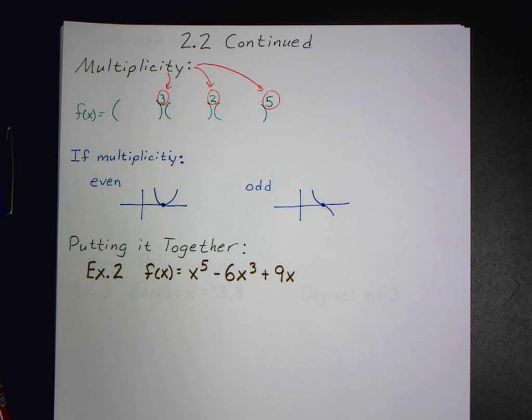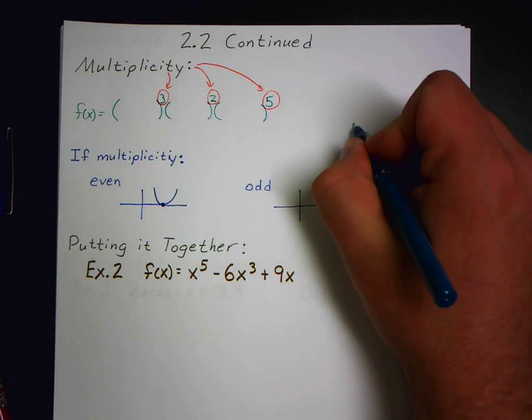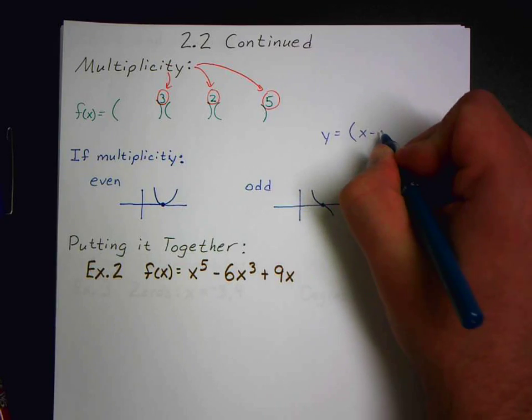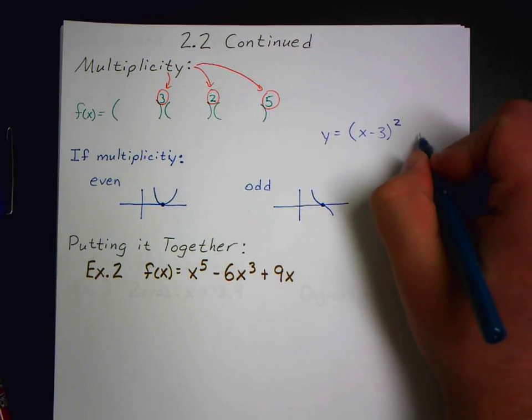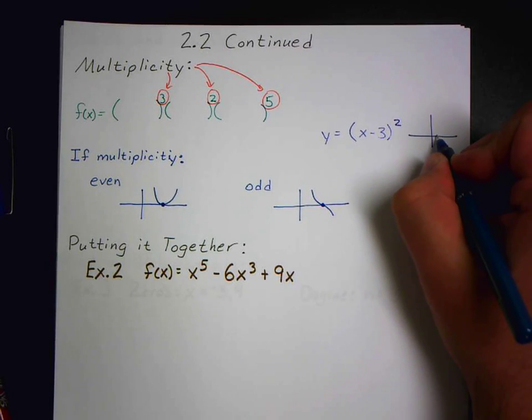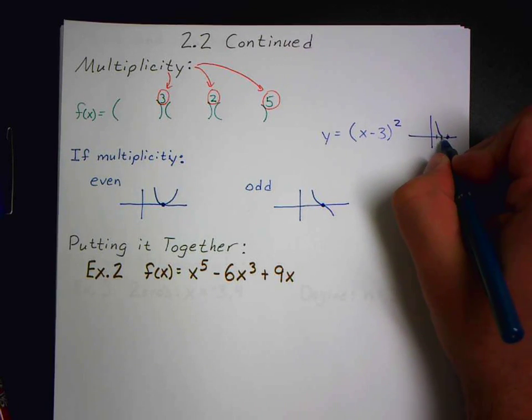And you guys have seen this before. Whenever you were graphing parabolas, if you ended up with something that looked like this, then you ended up with a parabola that looked like this.